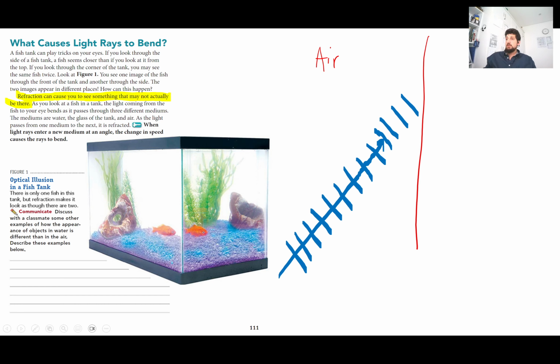As light comes through, as you can see, this part of the light has already hit the water, so it's slowing down. But this part is still traveling fast. We're talking about one beam of light here, so this whole thing is a very, very thin line.